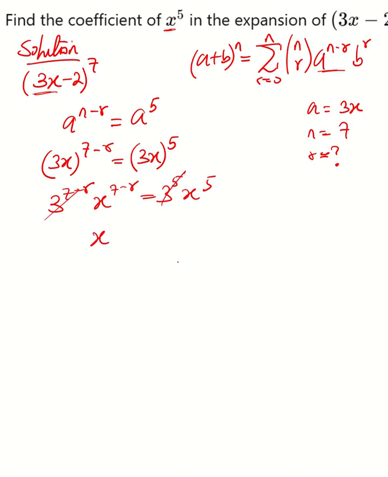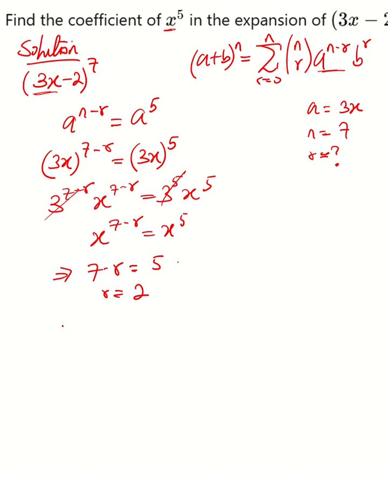That is x to the power of 7 minus r equals x to the power of 5. This implies that 7 minus r is equal to 5 and r should be equal to 2. So it's at the point where r equals 2 that will give us the coefficient of x to the power of 5.